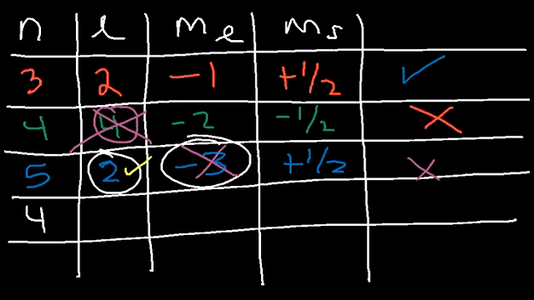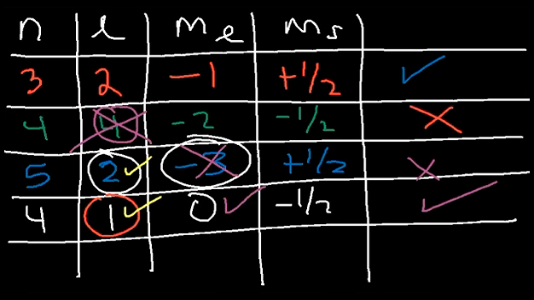So let's say this is 4, 1, 0, and -0.5. So l is less than n, which is good. And if l is 1, ml has to be between -1 and 1. So 0 is within that range, so that's okay. And ms can be a fraction, so that works. Here, let's try another one. Let's say n is 3, l is 2, ml is -2, and ms is 1.